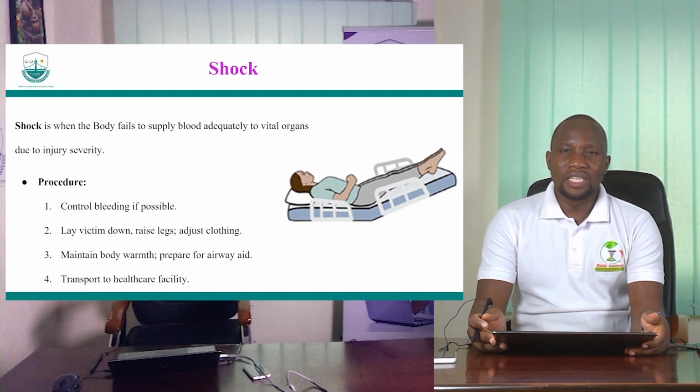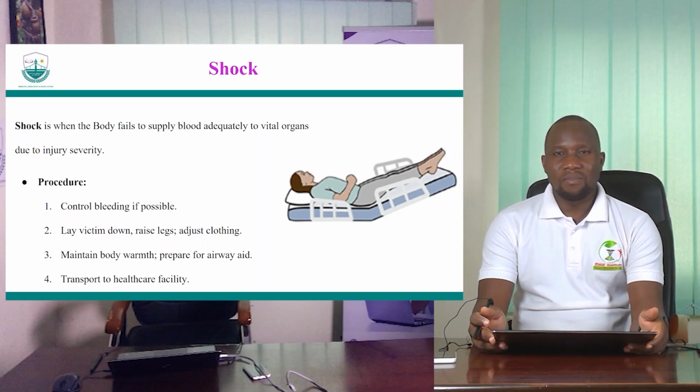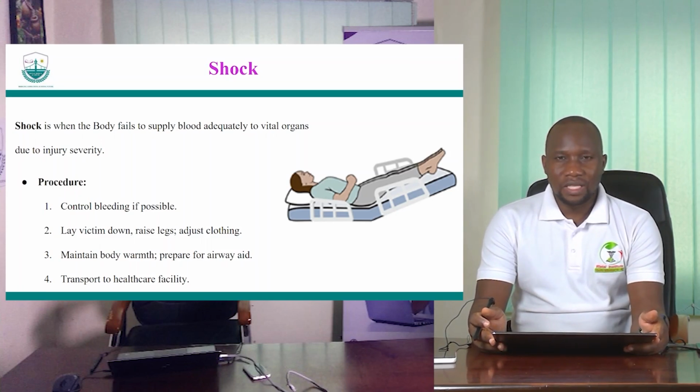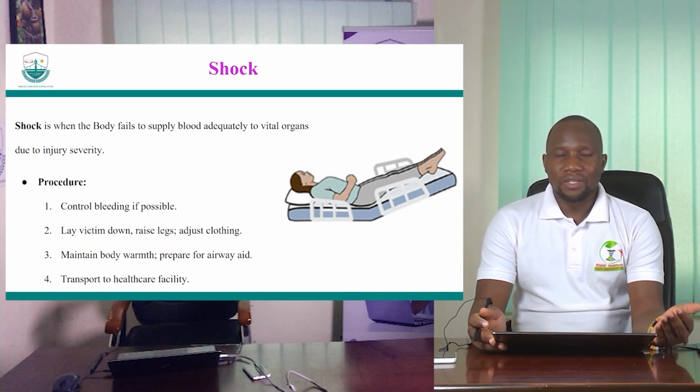It could be bleeding excessively. If someone gets a cut and then they bleed excessively, they go into what you call shock. Okay, it can be that the person gets into contact with a chemical that causes them an allergic reaction. They can go into shock. Okay, so the shock is something that requires prompt treatment.